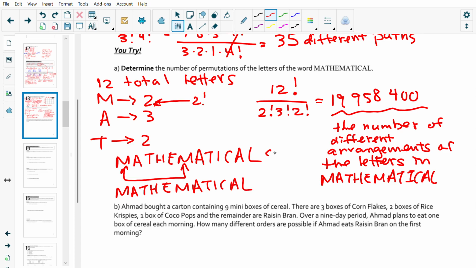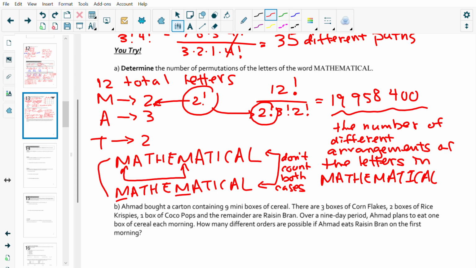Okay, but we don't want to count both cases. How do we not count both cases? We divide out by 2 factorial to take care of the fact that there are these two cases of mathematical. When you swap the M's, it's still the word mathematical, but we don't want to double count. So this prevents double counting. All right.